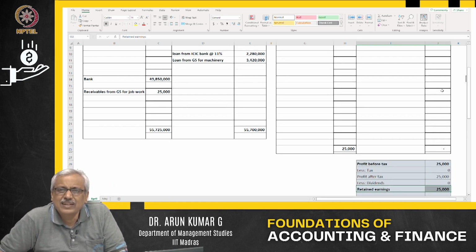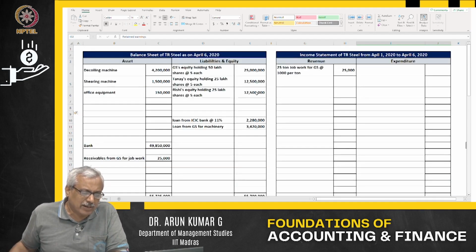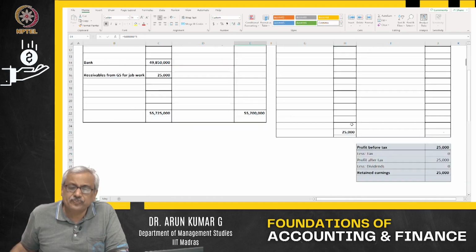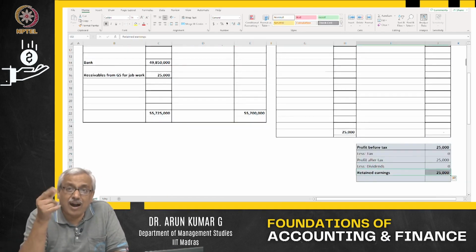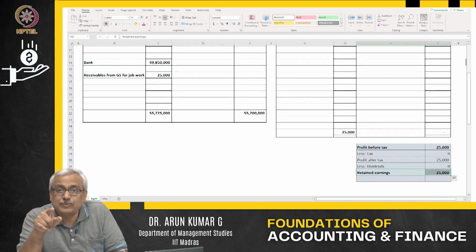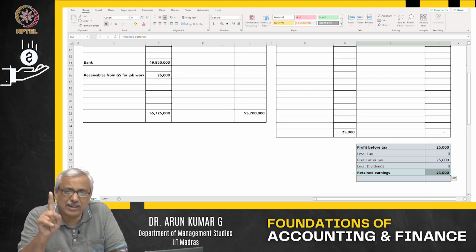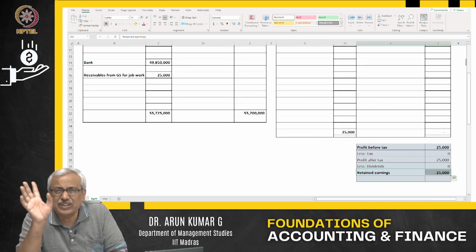Imagine they had contributed about 5 crores as capital, all three of them put together. Now, what is their capital? They have earned 25,000 which belongs to them, but they have not taken it, they have reinvested that in the business. So, what is their total capital now? Total capital now is 5 crores plus 25,000.